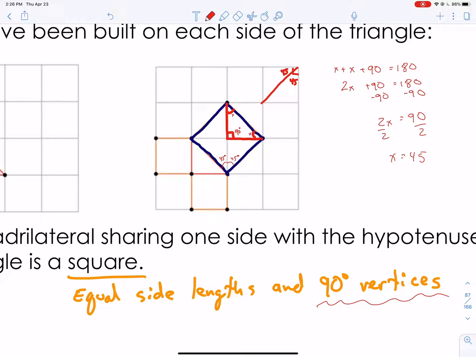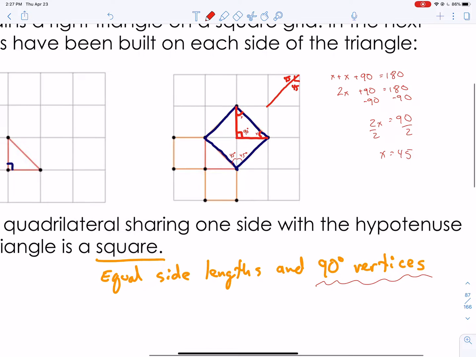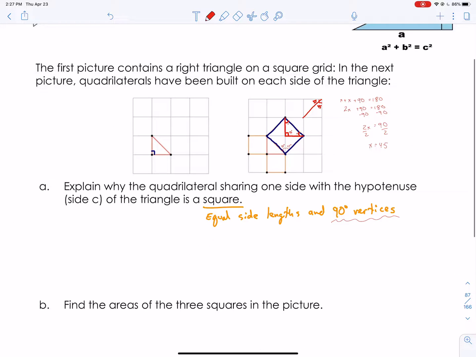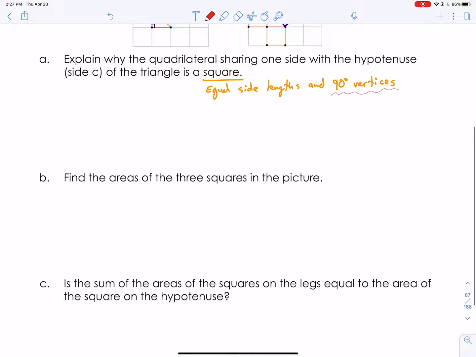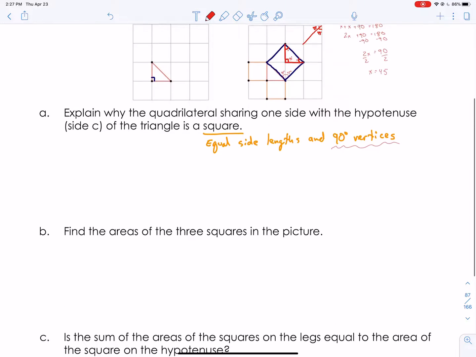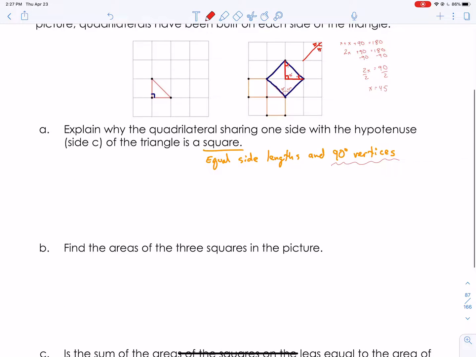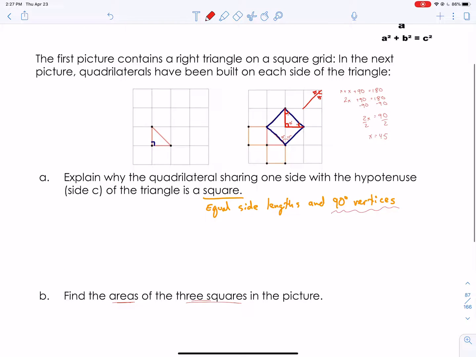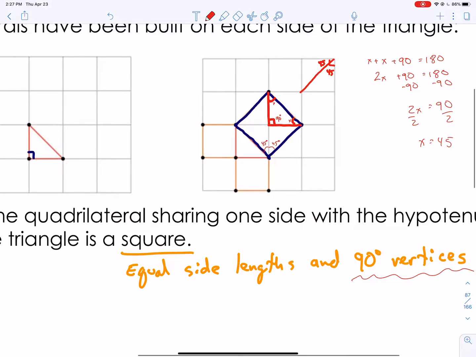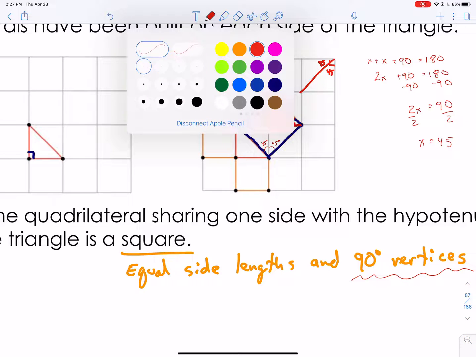And then the other one is equal side lengths. Okay, so we can actually calculate the side length using Pythagorean theorem, which we will have to do to find the area. Okay, so let's just do that. So if I'm looking at the top left, I'm gonna do that in green.